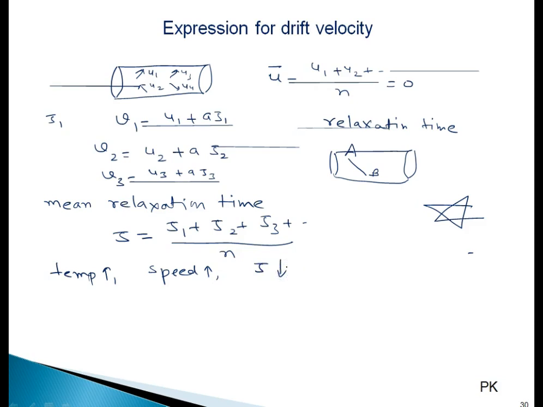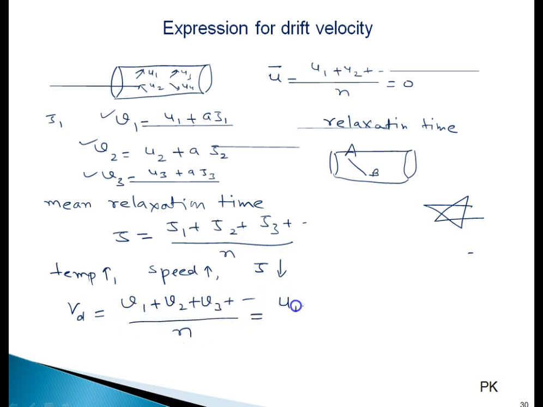Now again I am going to the drift velocity expression. Say I have calculated v1, v2, v3 and so on. What is the average drift speed? V average can be written as (v1 + v2 + v3)/n.